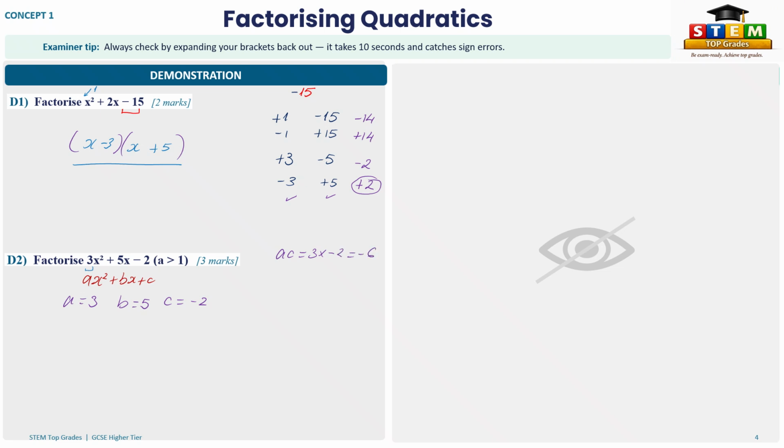So let's look at the factors of 6 first. For 6 it is 1 and 6, 2 and 3. Now, because it's negative 6, to get negative 6 you can either have plus 1 negative 6, or negative 1 plus 6, plus 2 negative 3, and negative 2 plus 3. What we're going to do next is combine the factors.